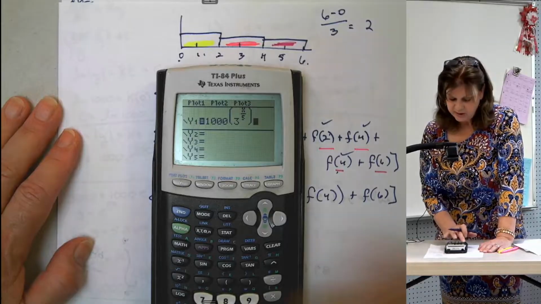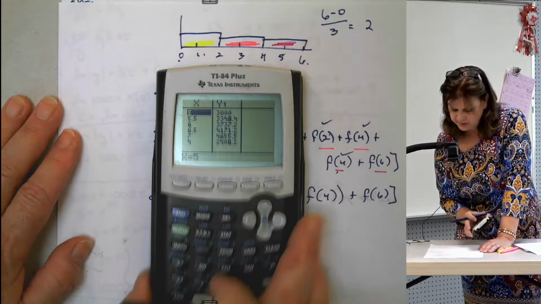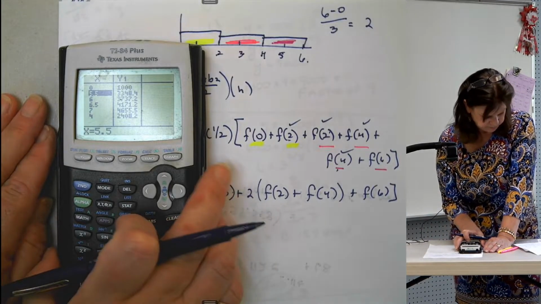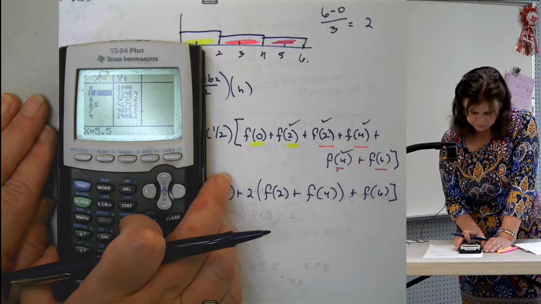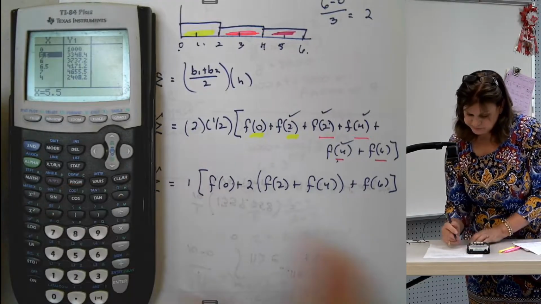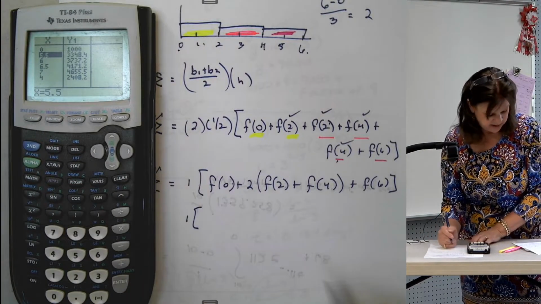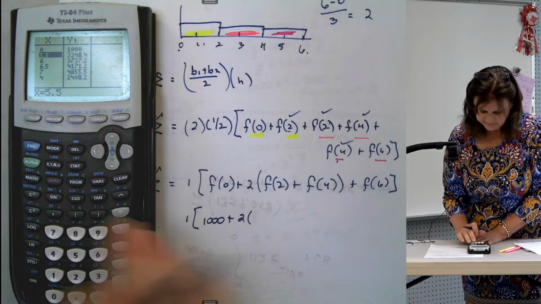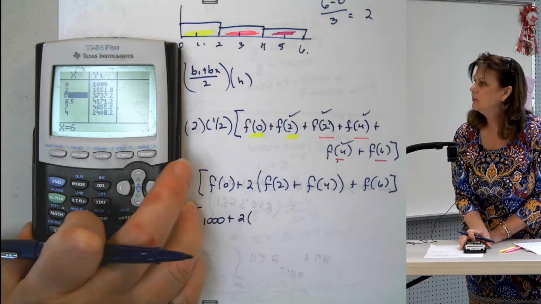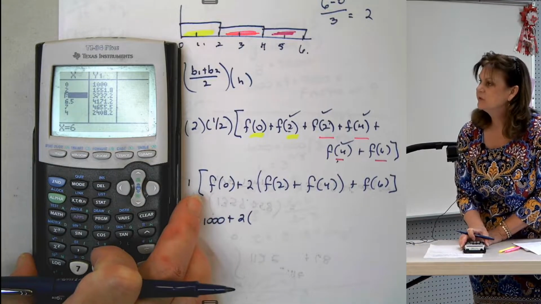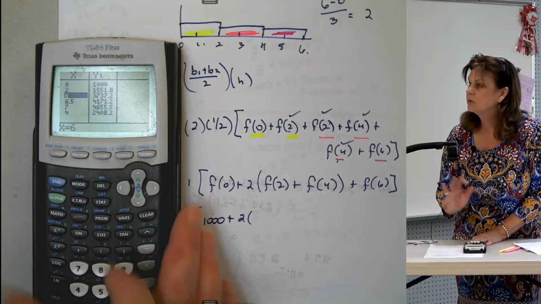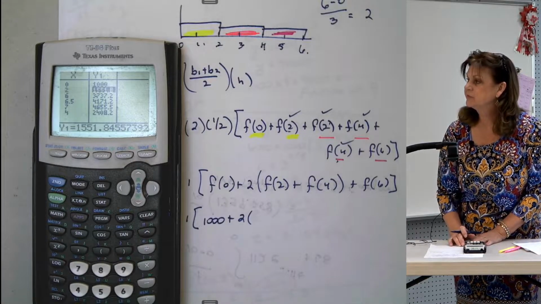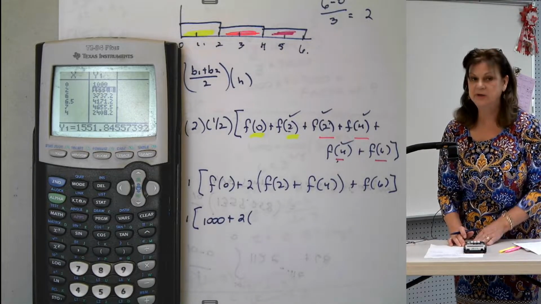Okay. I'm going to go over to the table, and I'm going to evaluate f of 0. Okay, f of 0 gives me 1,000. F of 2. Remember, we're doing 3 decimals. When I plug in 2, I get 1551.8. So what I'm going to do is scroll up and over, and notice at the bottom of the screen the entire decimal.